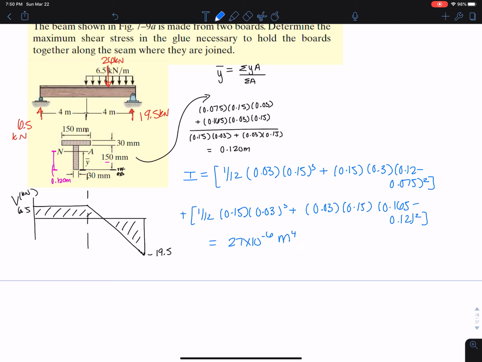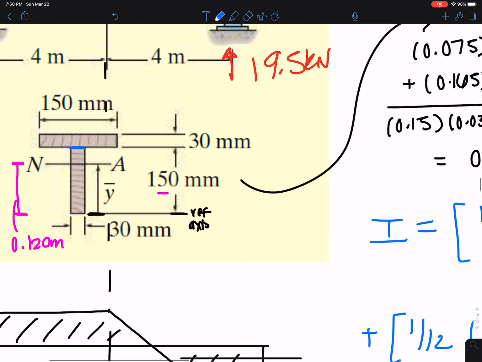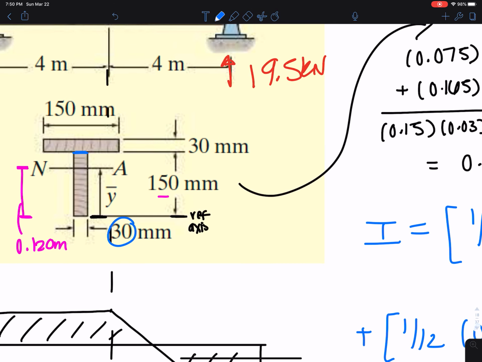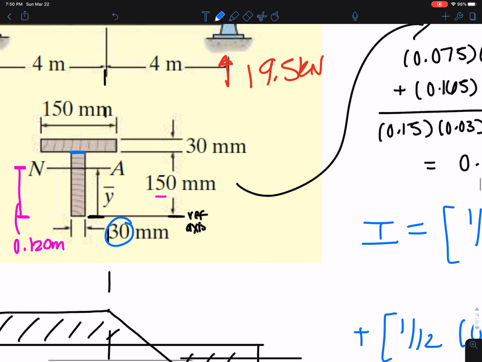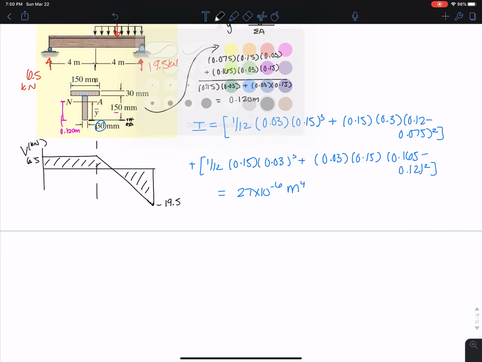The top flange here is being held on the bottom board by the glue. So the glue is right here, where I put the blue mark, and it's applied over this thickness of 0.03 meters, this 30 millimeters. A prime is defined as the area of the top board. So now we're going to calculate that Q value.